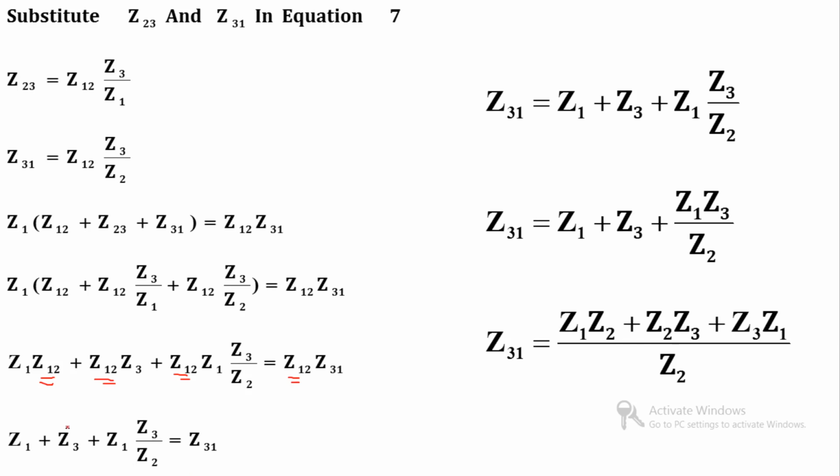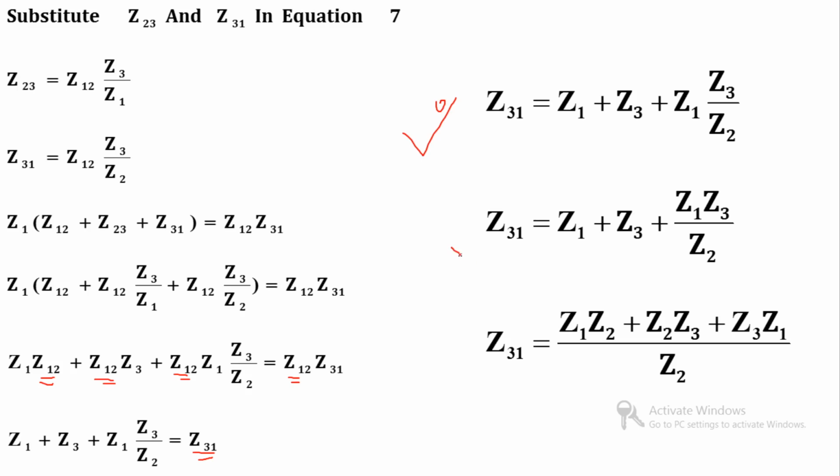So, the remaining equation is Z1 plus Z3 plus Z1 into Z3 by Z2 is equal to Z31. So, I can write Z31 is equal to Z1 plus Z3 plus Z1 into Z3 by Z2.